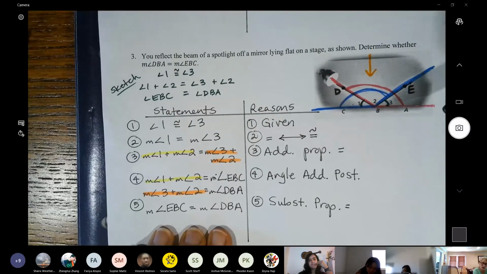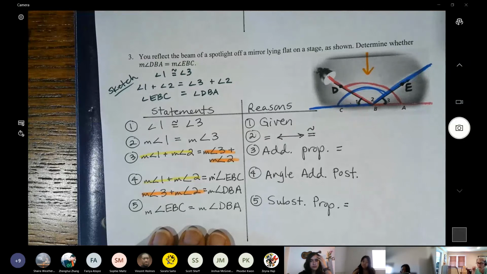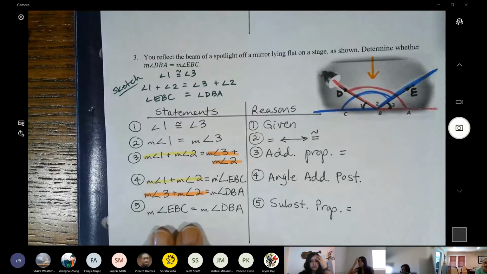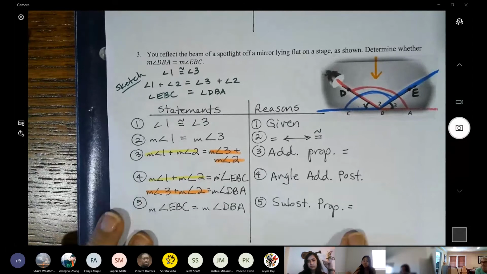I don't know how Big Ideas will make you do this in the book work. If I was grading it, it wouldn't affect you that much, but you know how Big Ideas sometimes has to be exactly that way. So if you were going to add one more step, you would switch them with the symmetric property.